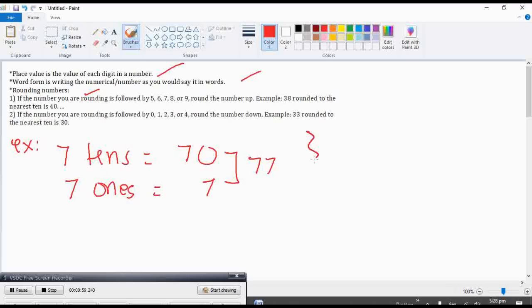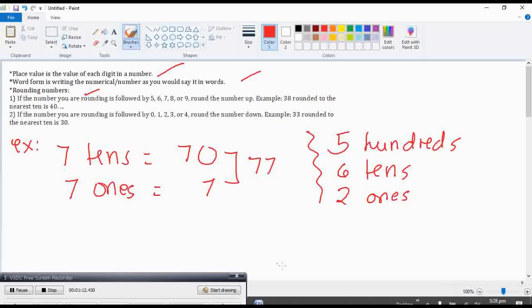Another example for this one, if you have 5 hundreds, 6 tens, and 2 ones, the standard form of this one will be giving you 500, 60, and 2. So therefore, you have 562 in a standard form.